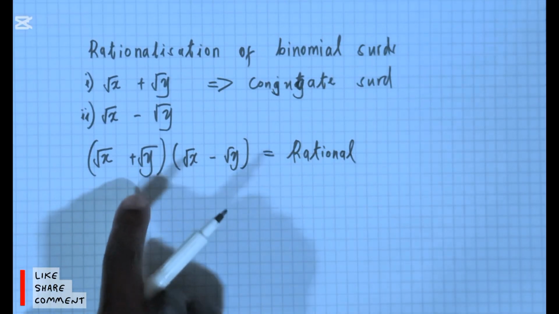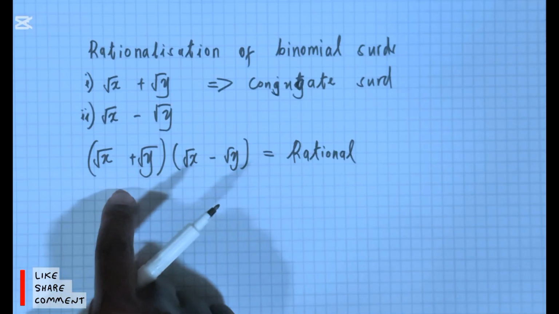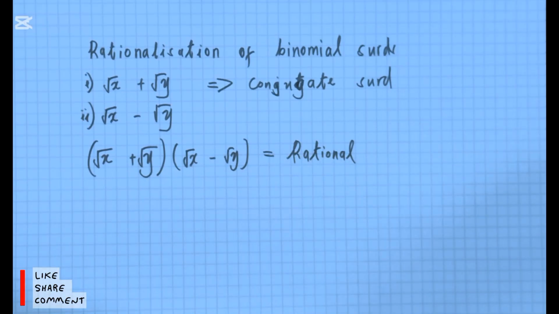And so the process of converting a surd to a rational number is what we call rationalization.